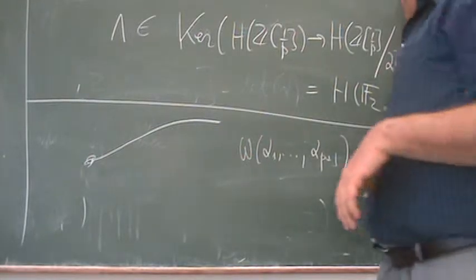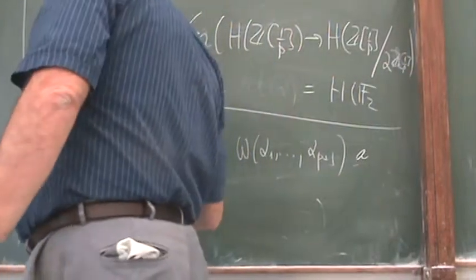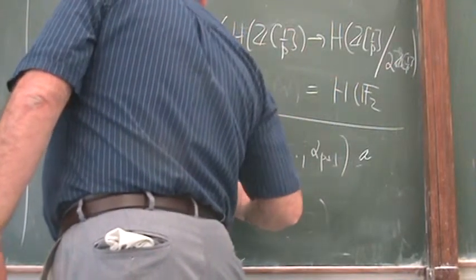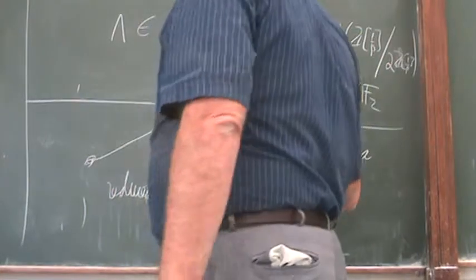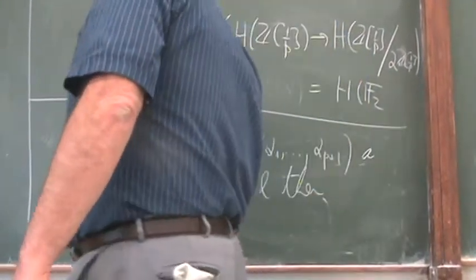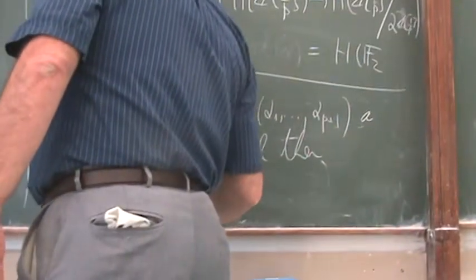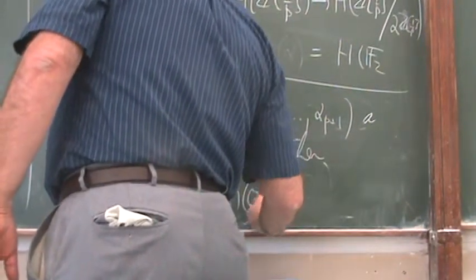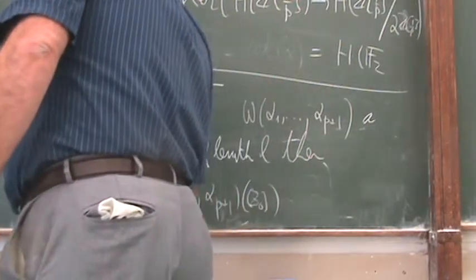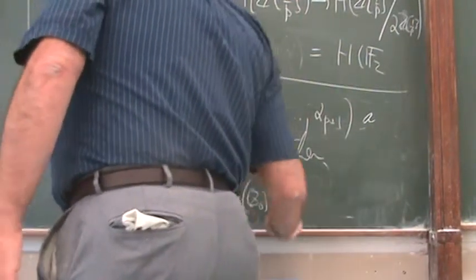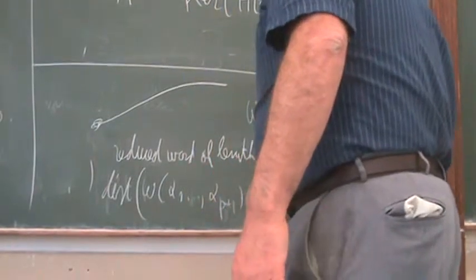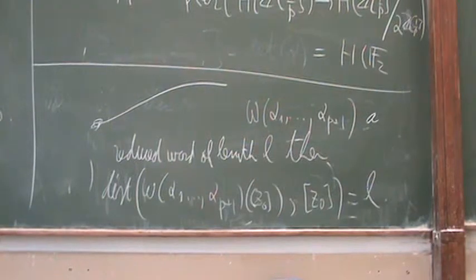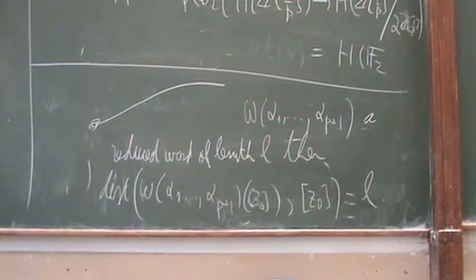If this is a reduced word of length L, then I want to claim that W of alpha 1 up to alpha p plus 1 applied to Z naught star is a vertex whose distance from Z naught is exactly L. And in particular, this is a non-trivial element, and therefore this is a free group.